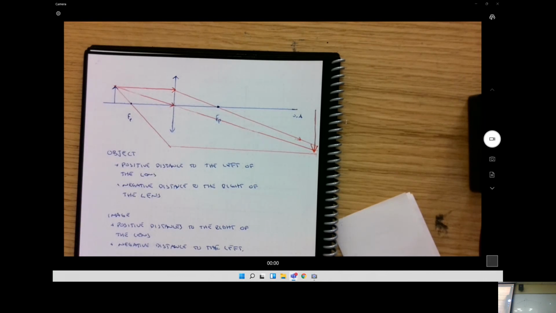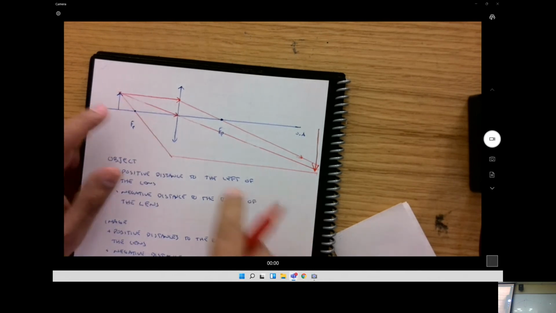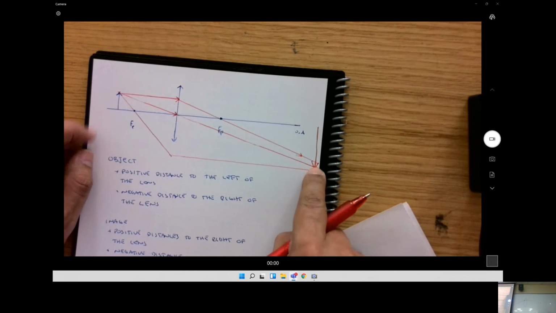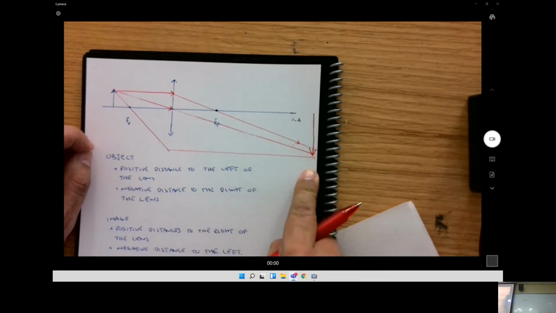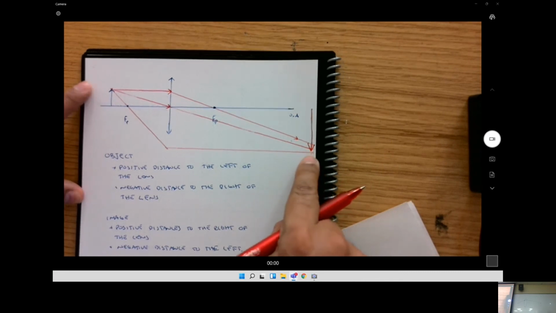And that image is going to be flipped, upside down. So when you have an image on the image space and it's flipped with respect to the object, we call this a real image.